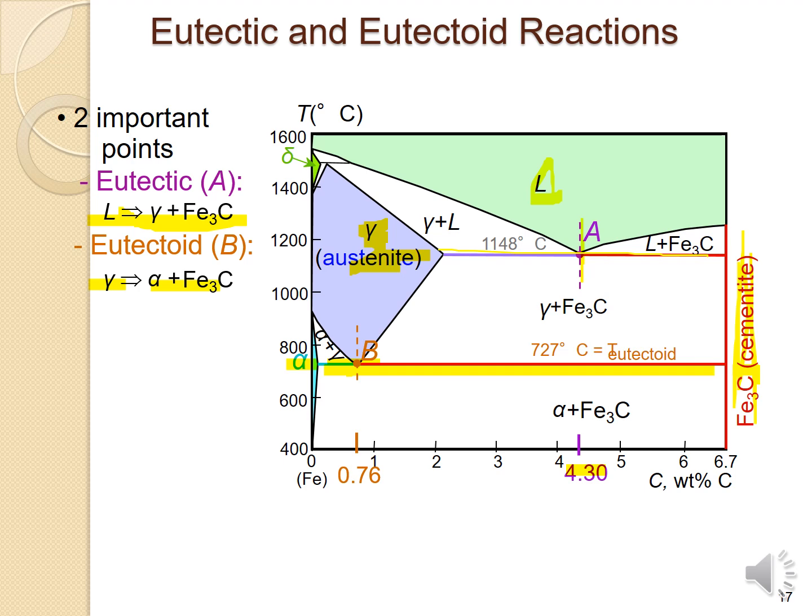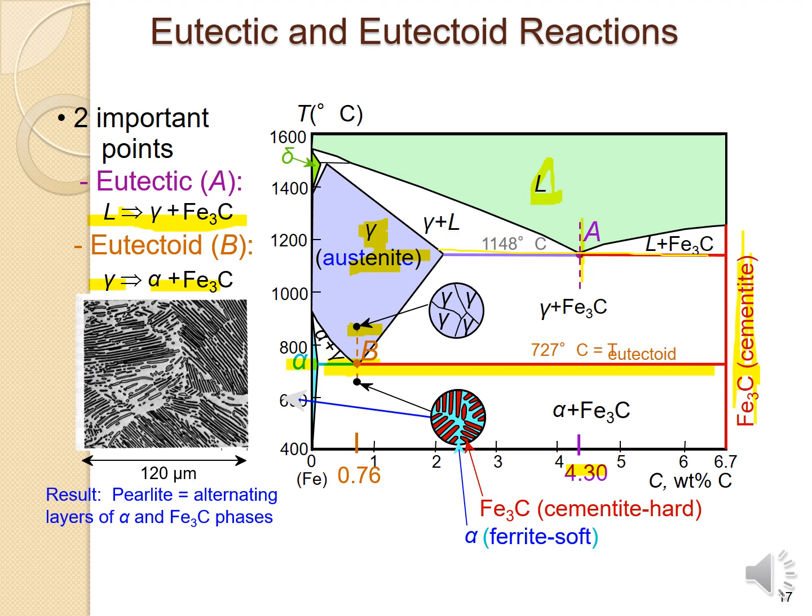And for the microstructure or microconstituent, first at this point, where we have just the gamma phase, we have gamma grains only in this crystal structure. As we cool down, there will be the eutectoid reaction, where from the gamma phase, the alpha and cementite will precipitate out into layers.